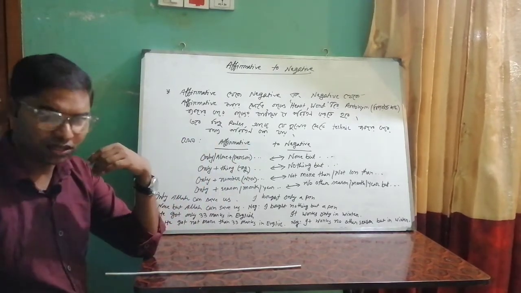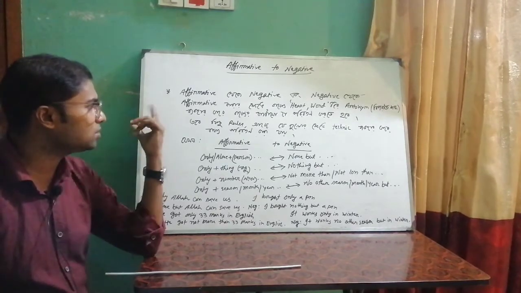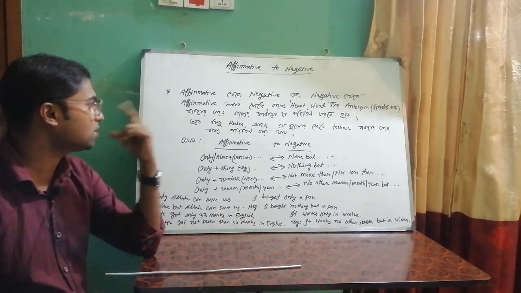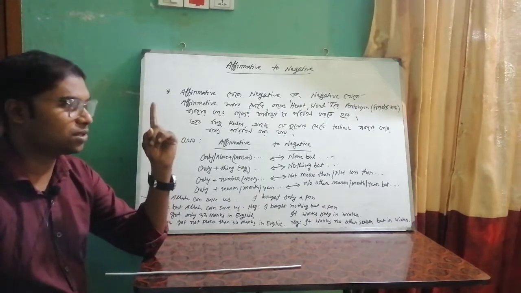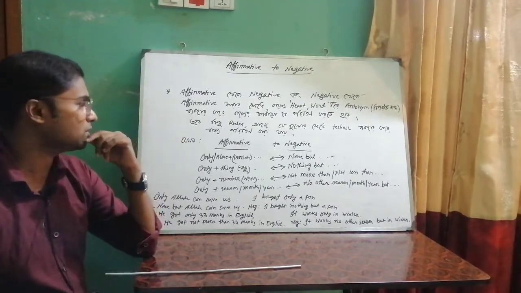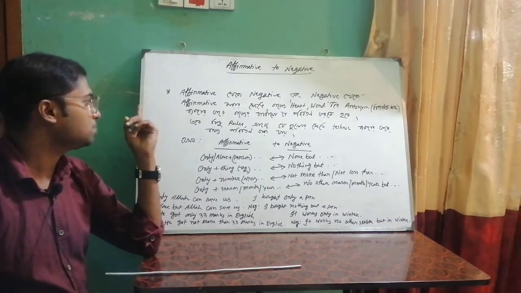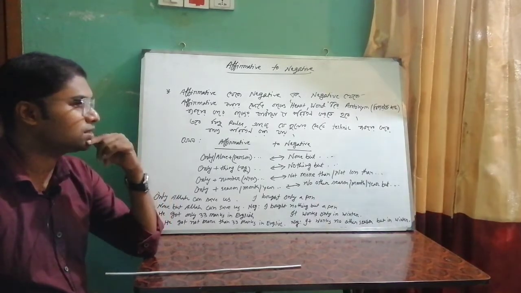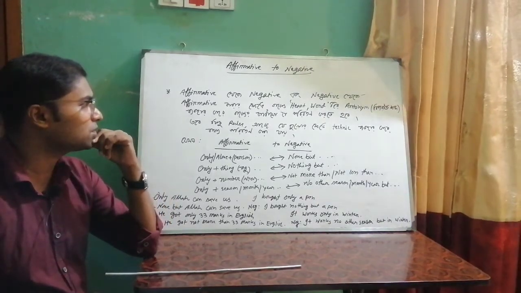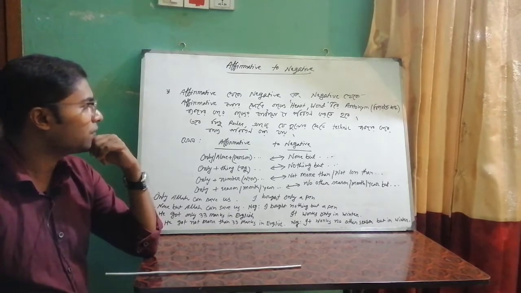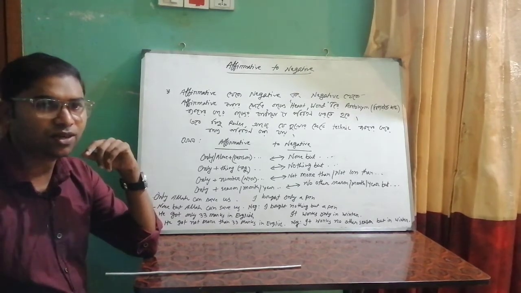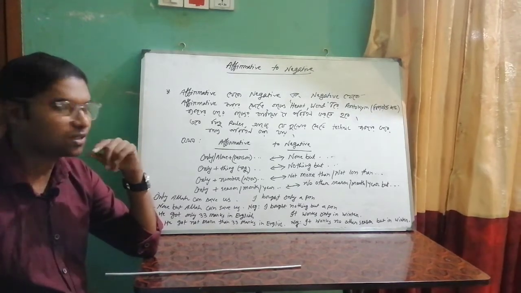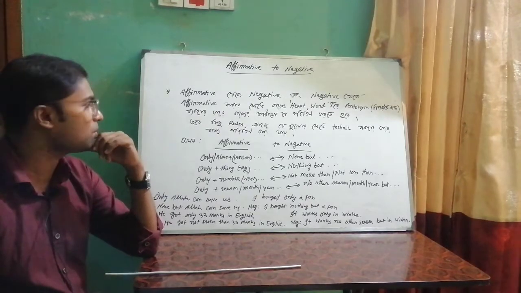So let's get started. I wrote down the definition. I wrote down first the rules that are very important. If you like to change a sentence from affirmative to negative or negative to affirmative, you have to select the first word of the sentence and write the antonym of the word.